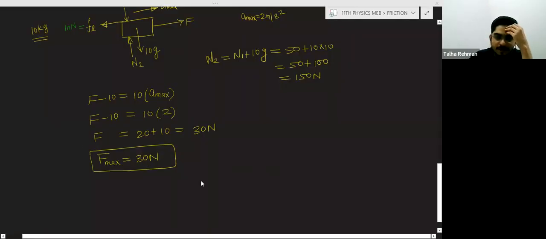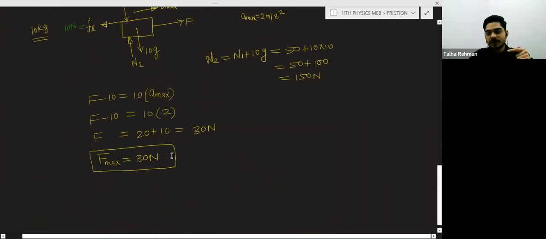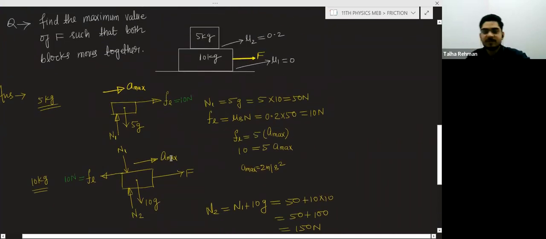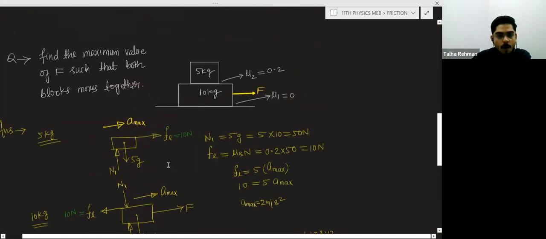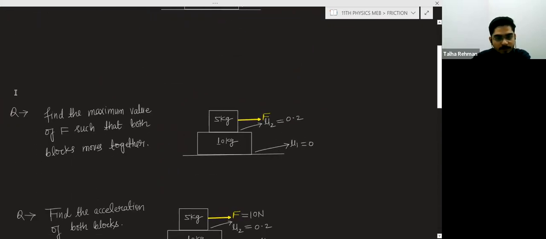So basically, if I apply a force more than 30 Newton in this case, then there will be relative motion between the 5 kg and 10 kg blocks. If I am applying a force of 25 Newton, then both blocks will move together with the same acceleration. So this question now I am taking.